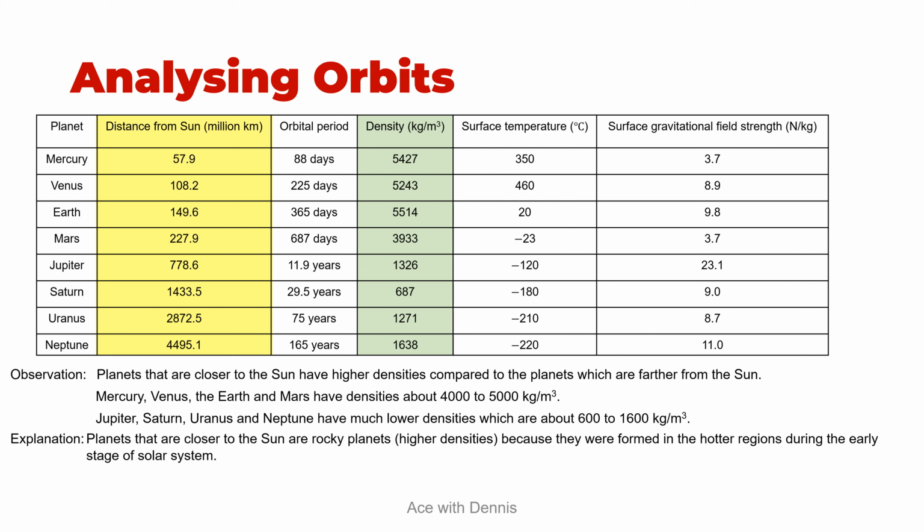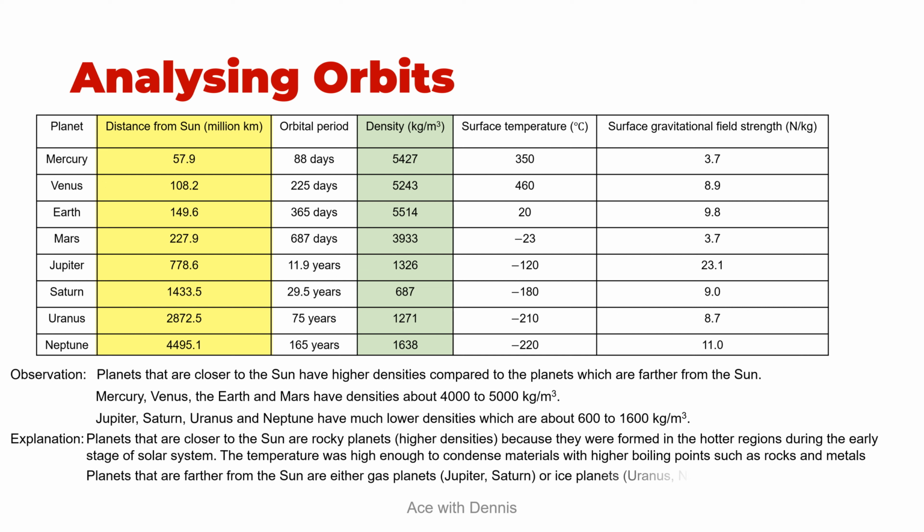Planets that are closer to the Sun are rocky planets, which have higher densities because they were formed in the hotter region during the early stage of the solar system. The temperature was high enough to condense materials with higher boiling points, such as rocks and metal.